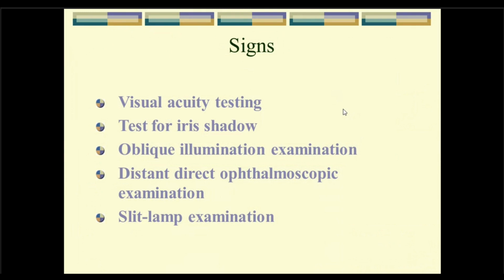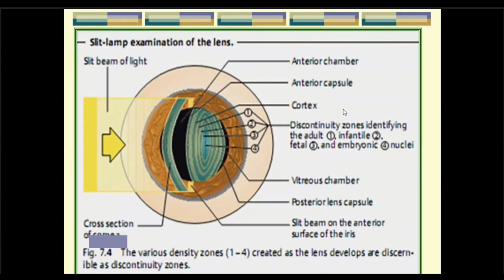Clinical features of cataract are rather simple. The patient usually complains of bad vision. In some cases, he can complain of glare, colored halos, a black spot in front of the eye.